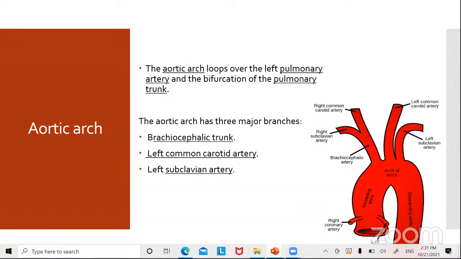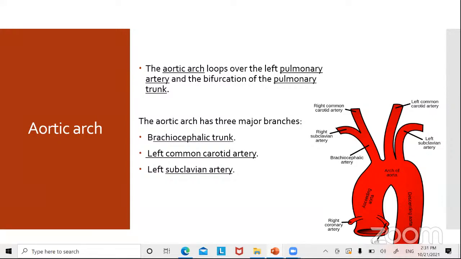After that, we have the aortic arch. It loops around the left pulmonary artery and the bifurcation of the pulmonary trunk. It has 3 major branches from proximal to distal: the brachiocephalic trunk, the left common carotid artery, and the left subclavian artery.